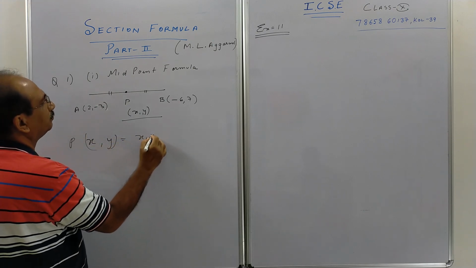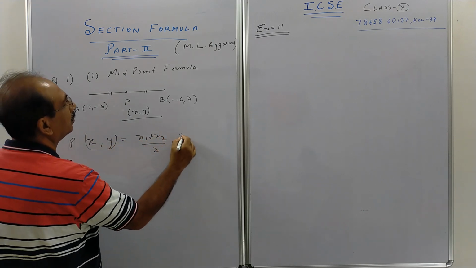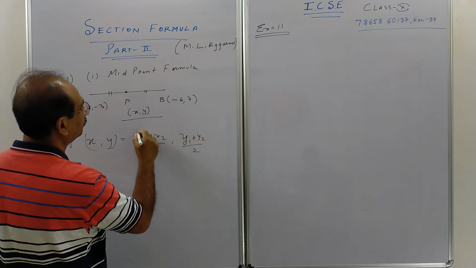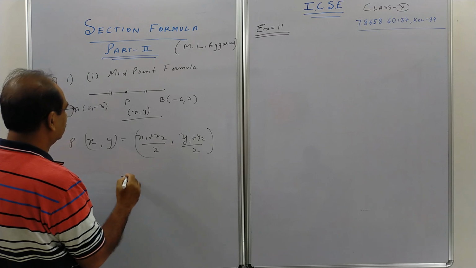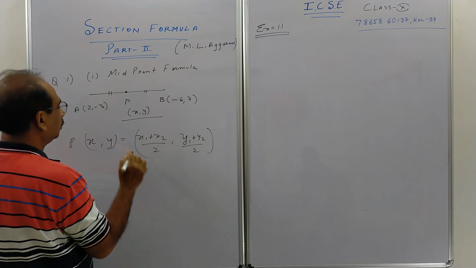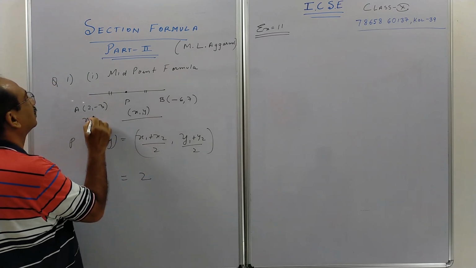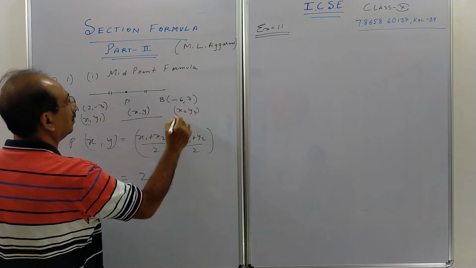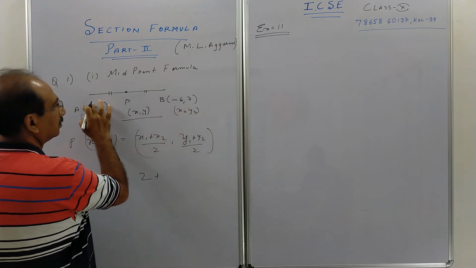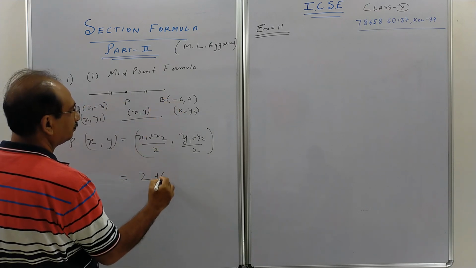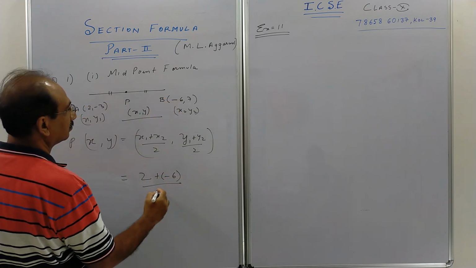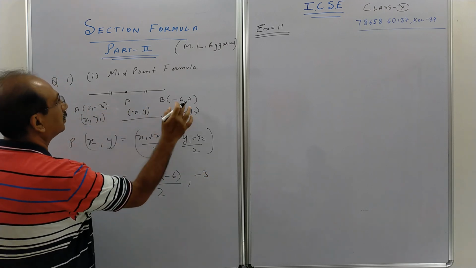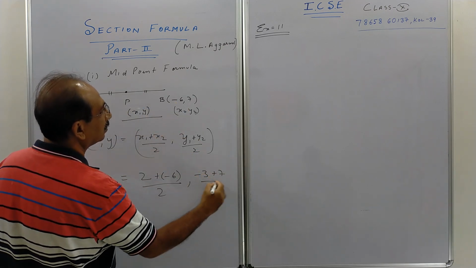The formula is (x1 plus x2) by 2, (y1 plus y2) by 2. x1 is 2, first coordinate here and first coordinate here. y1 is minus 3, y2 is 7.